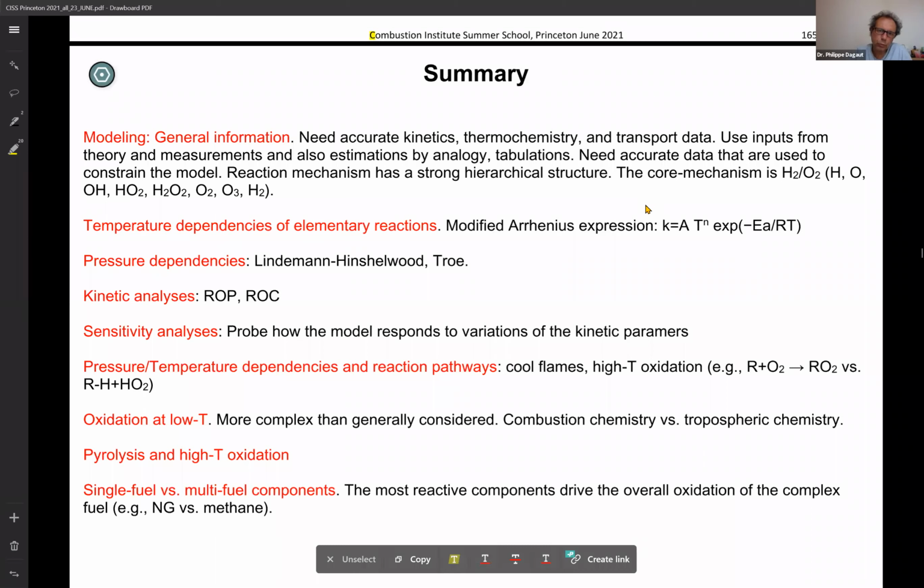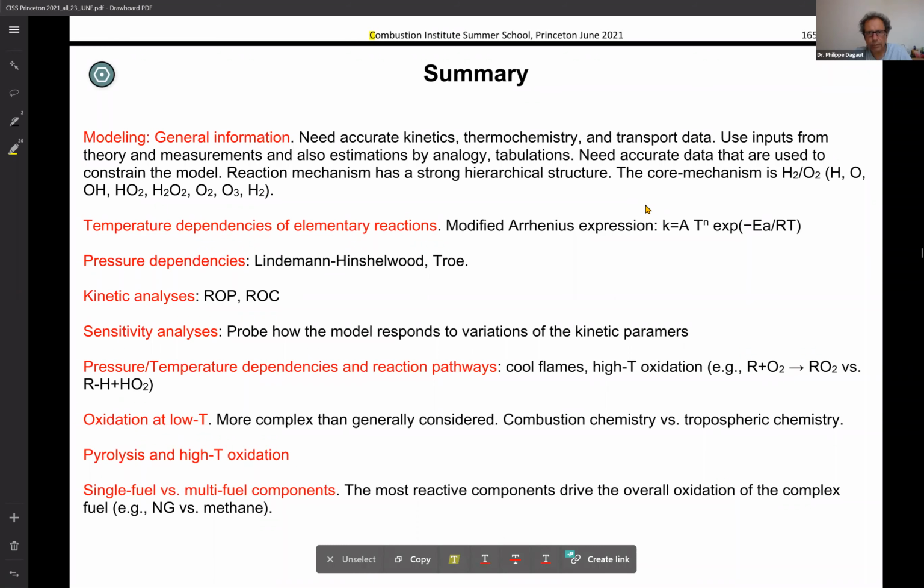This is due to reactions which proceed through different pathways, because some intermediate products become unstable thermally and decompose back to the reactants, and then do not oxidize further to produce particularly OH radicals.